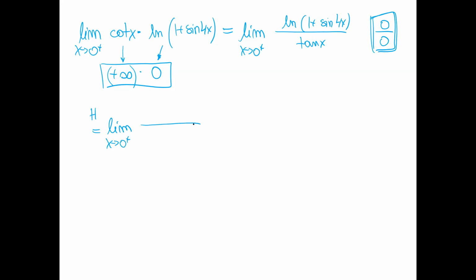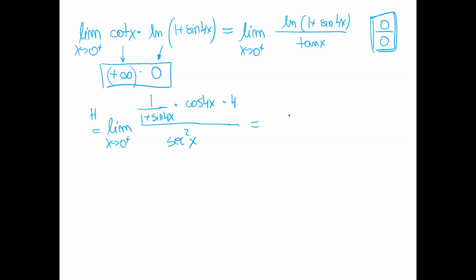Okay, derivative of natural log of that quantity 1 plus sine of 4x is 1 over that quantity, following the chain rule, times derivative of this quantity. Derivative of 1 is 0. Derivative of sine of 4x is cosine of 4x times derivative of 4x, which is 4. Okay. Derivative of tangent of x is secant squared of x.